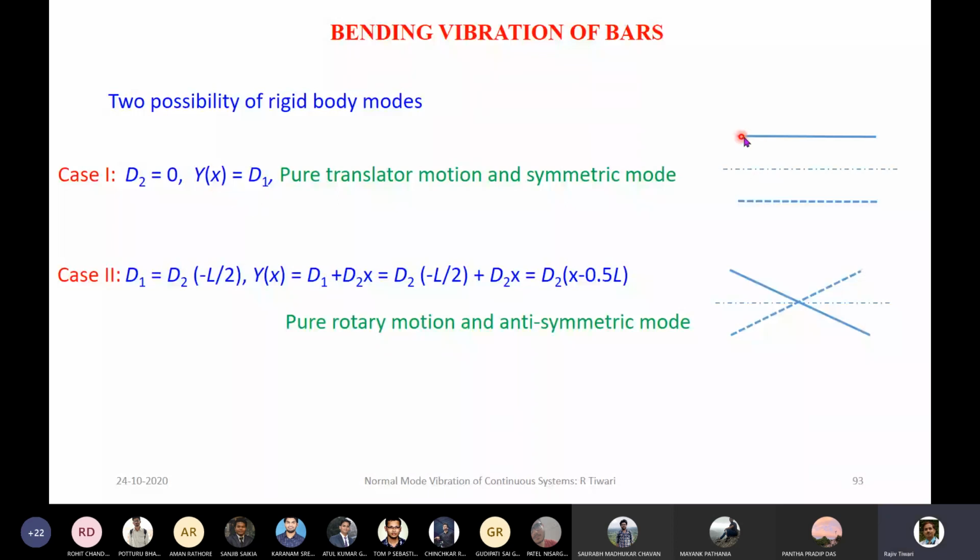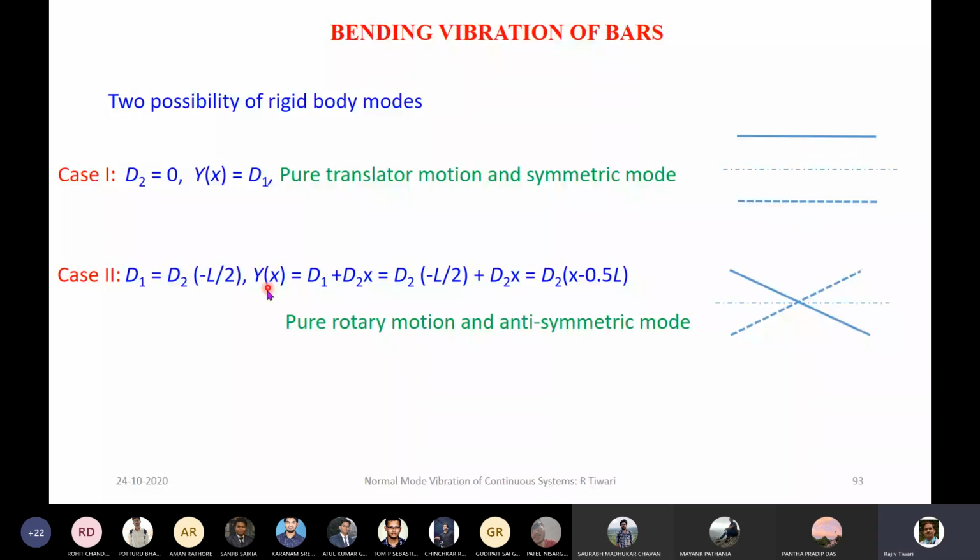So if the beam is here or here, it's just a rigid body going up and down. This is called pure translational motion, and this is symmetric. Symmetrically, it is vibrating about the mean position. This corresponds to one of the natural frequencies, which is 0. So we got two roots as 0. One of the modes will correspond to this.